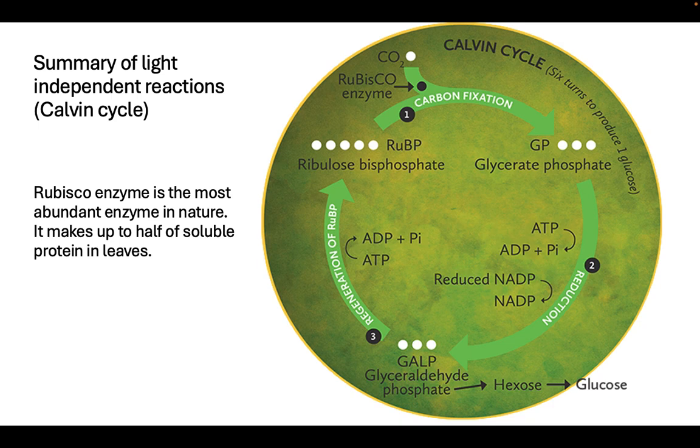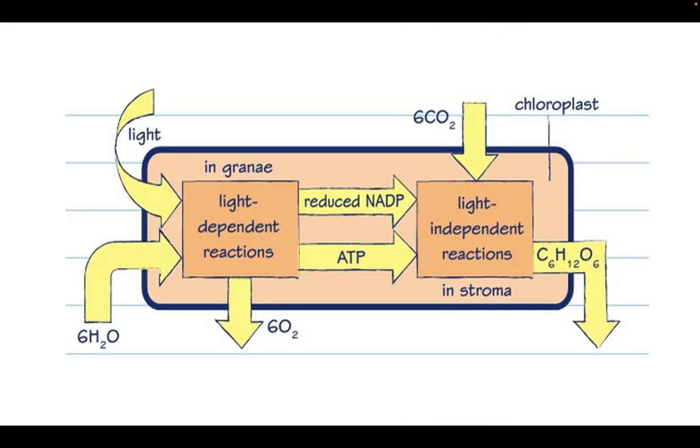If you take soluble protein found in leaves, around about half of all protein in leaves comes from this one type of enzyme. So you can realize that it is an extremely important substance and extremely important type of protein in plants, or more generally on planet Earth.